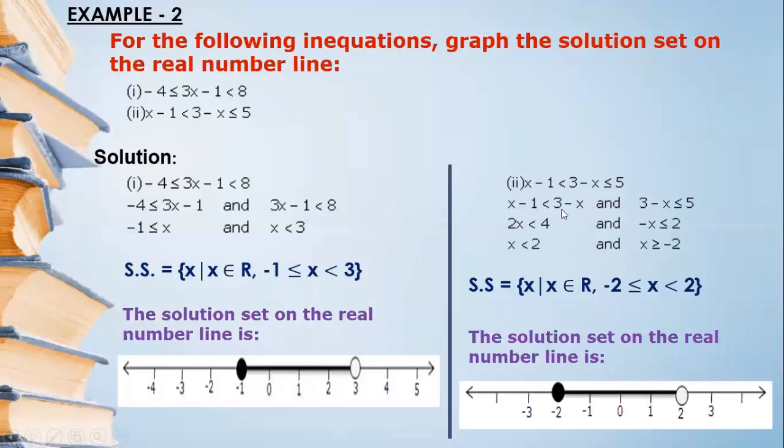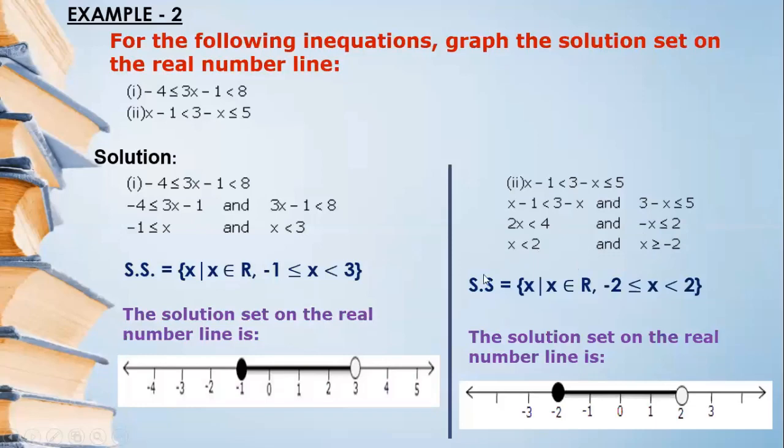Solving the first set of inequation, we will get 2x less than 4, where x is less than 2, and solving the second set we will get minus x less than or equal to 2. On changing the sign on both sides, the inequality sign will reverse. So we will get x is greater than or equal to minus 2.